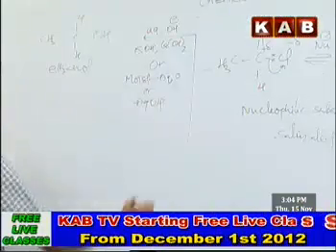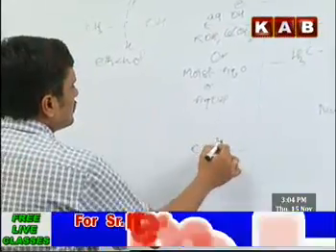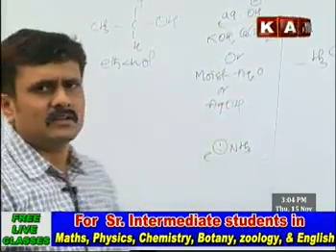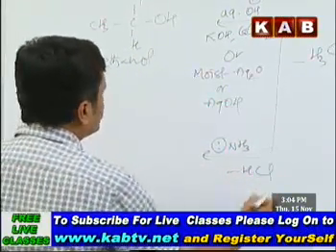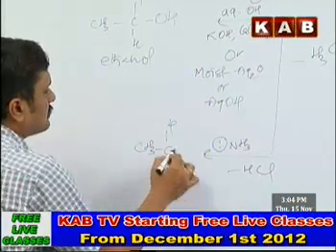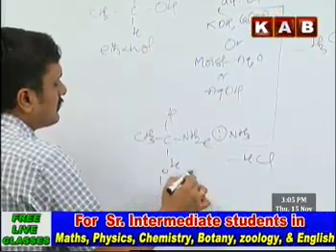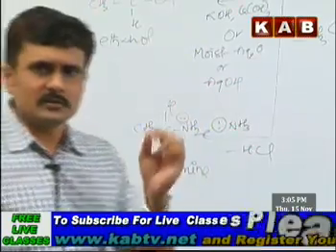Now, ammonia being a nucleophile will attack on this ethyl chloride by the loss of HCl. It's going to yield the primary amine, which in turn is itself a nucleophile.